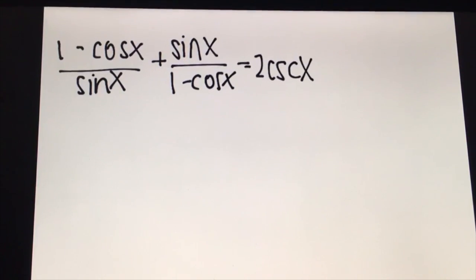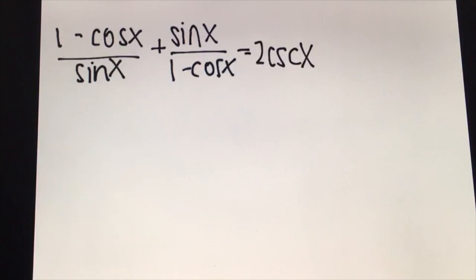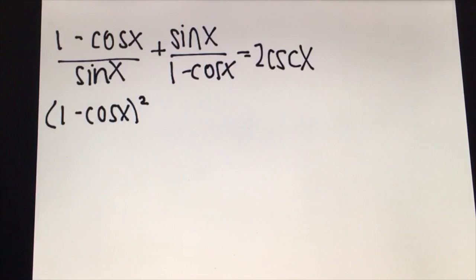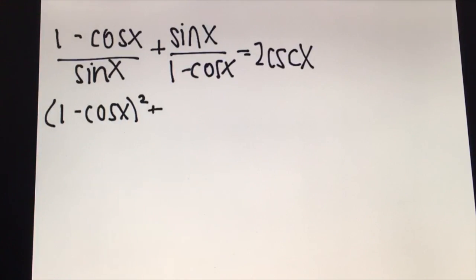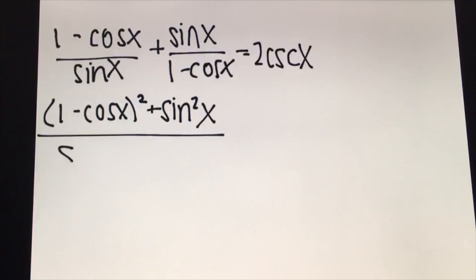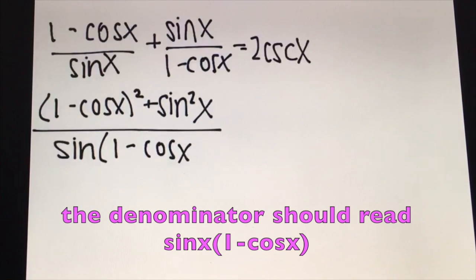So, picking the left side, obviously. When we get our common denominator, we're going to get (1 minus cosine of x) squared plus sine squared x. And again, this is just multiplying to get a common denominator. And that is going to be divided by sine of x times (1 minus cosine of x).